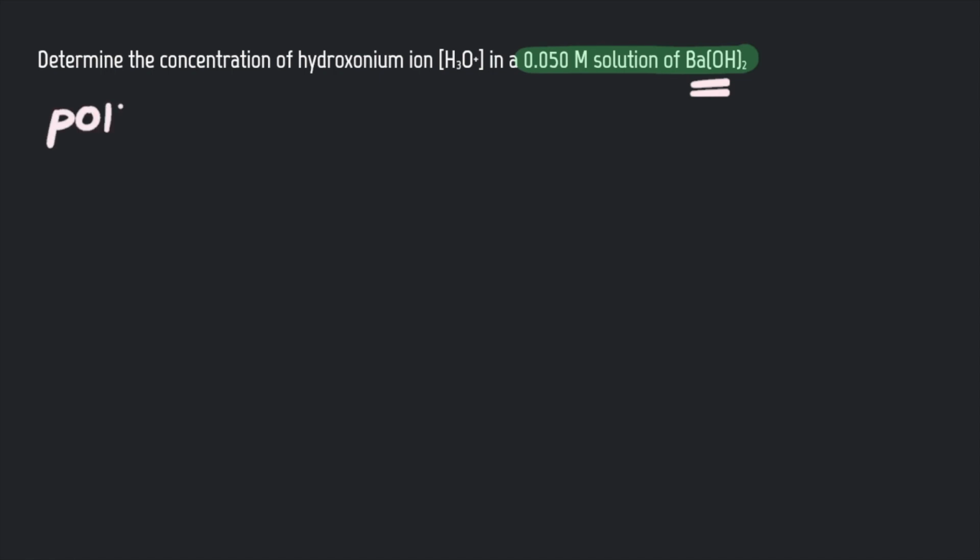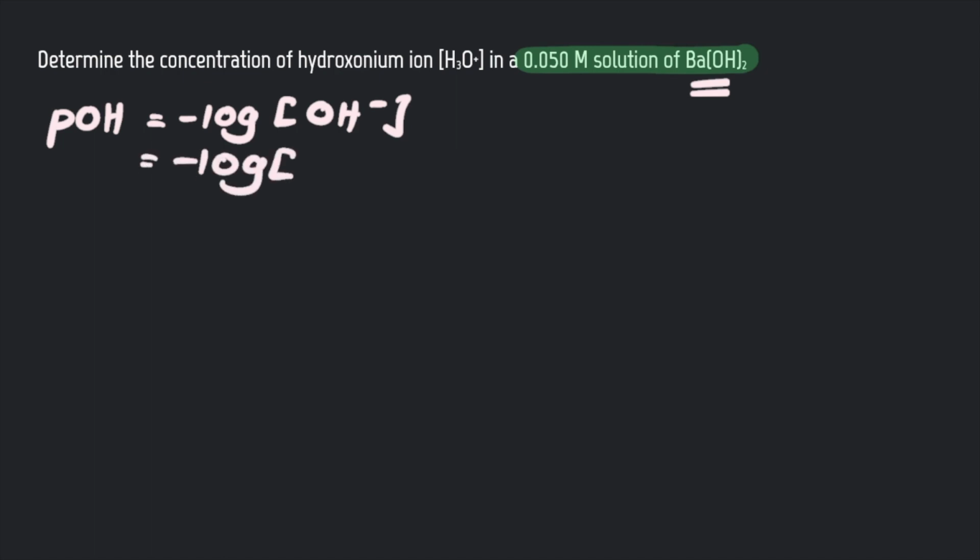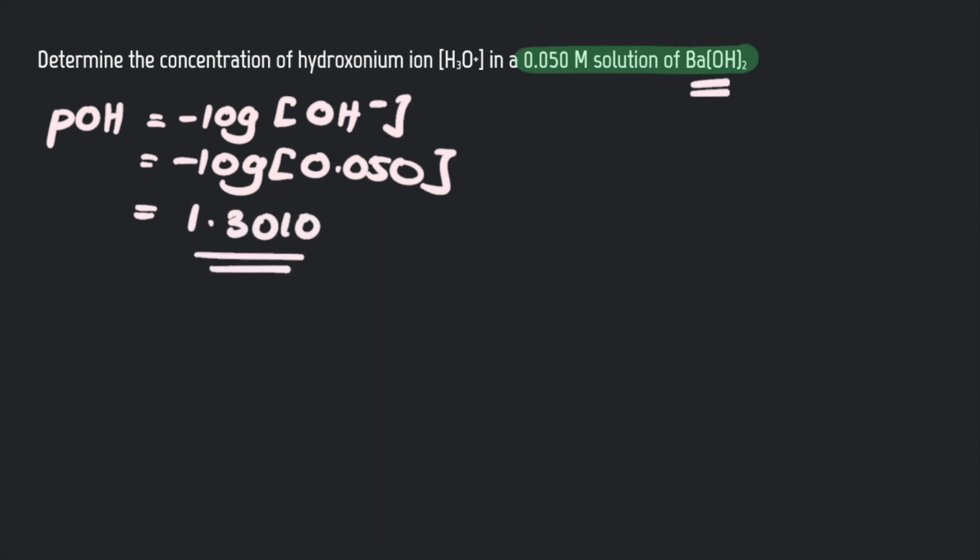So pOH is equivalent to negative log of OH minus, so negative log of the concentration 0.050. So you will get your pOH is equivalent to 1.3010.